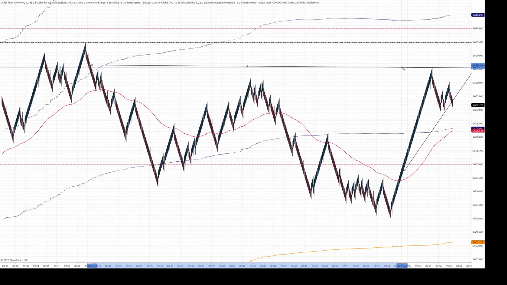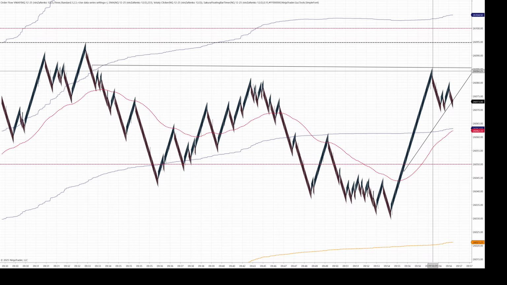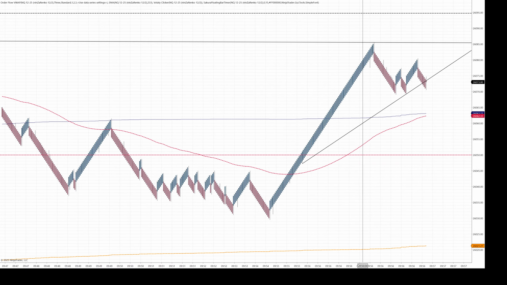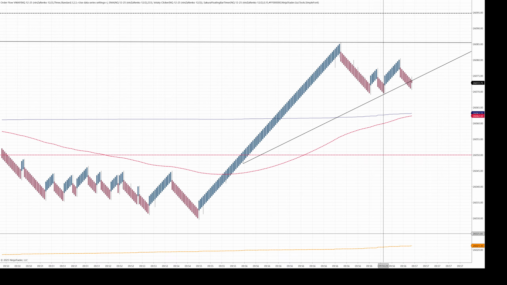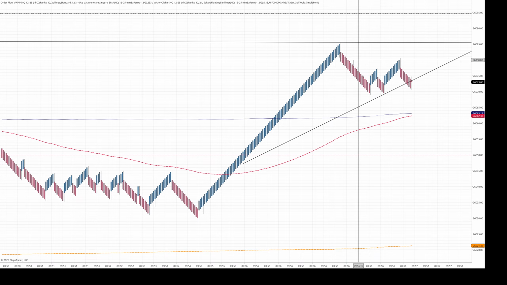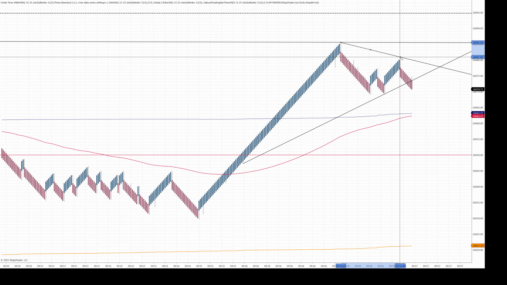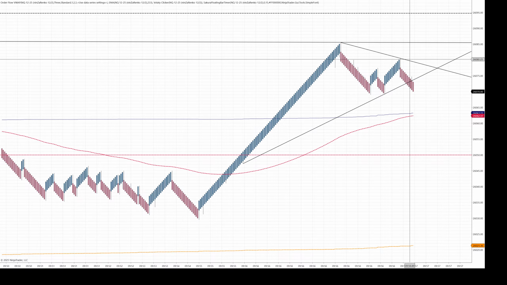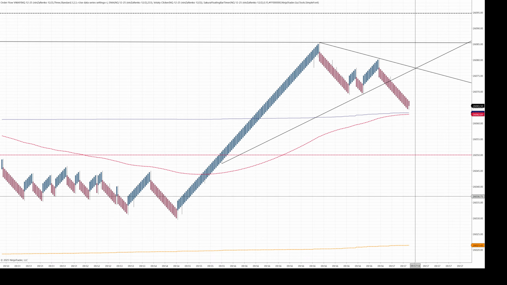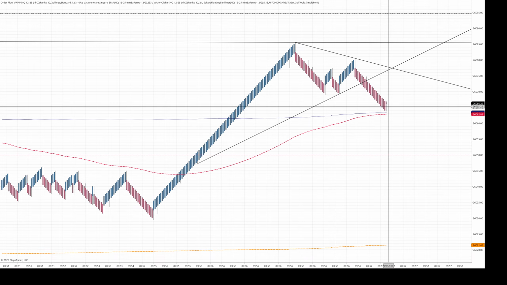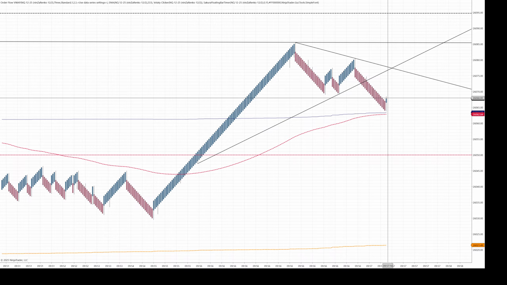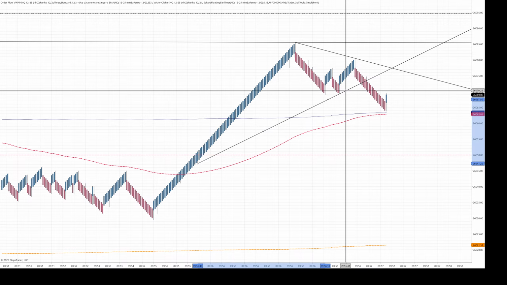You may not be able to see it on the screen, and this is a lower high. And then we have this high and this lower high right there as another trend line. If we get a reversal in this area, do we have enough room to take it? No. We don't have enough room.